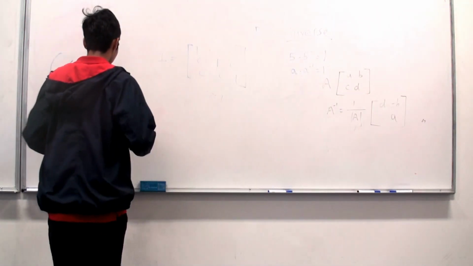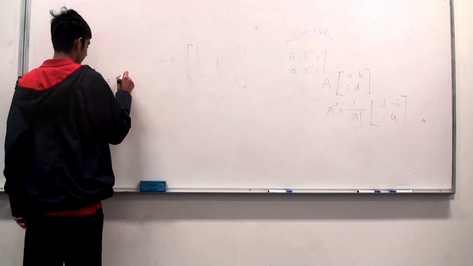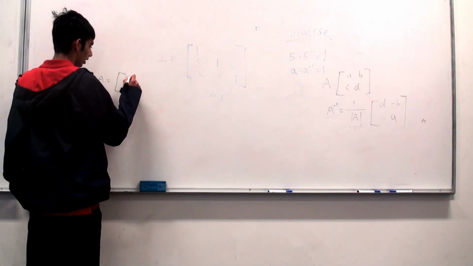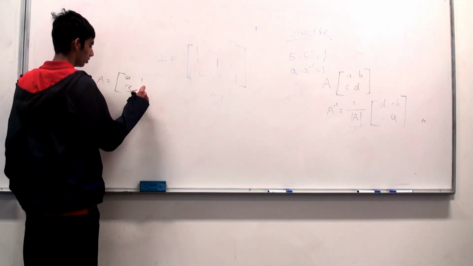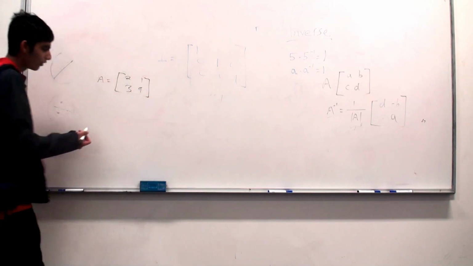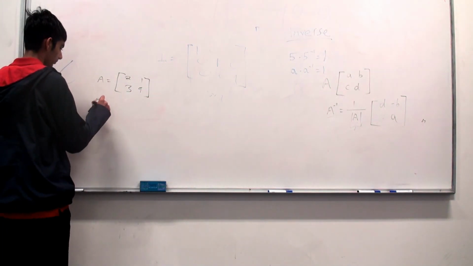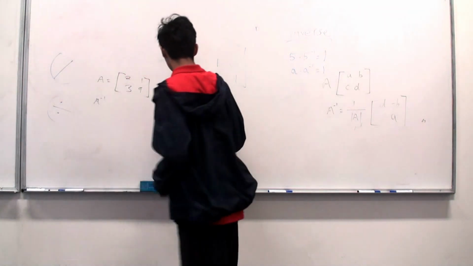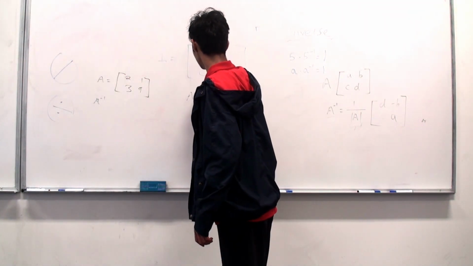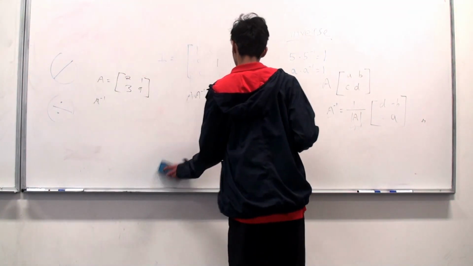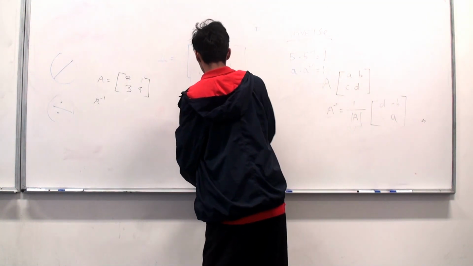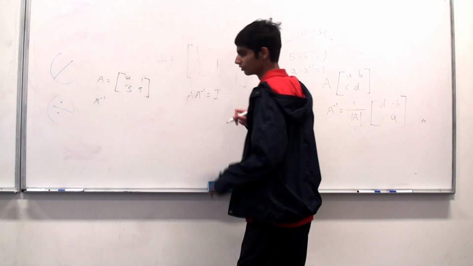So for example, if we have A equals [2, 1; 3, 4], we want to find some matrix A inverse such that A times A inverse will result in the identity matrix. So how do we do that?